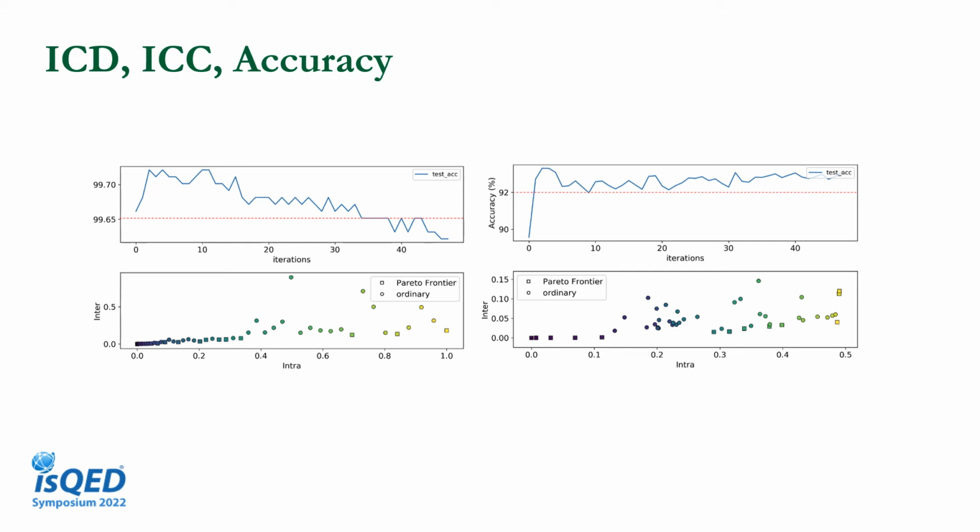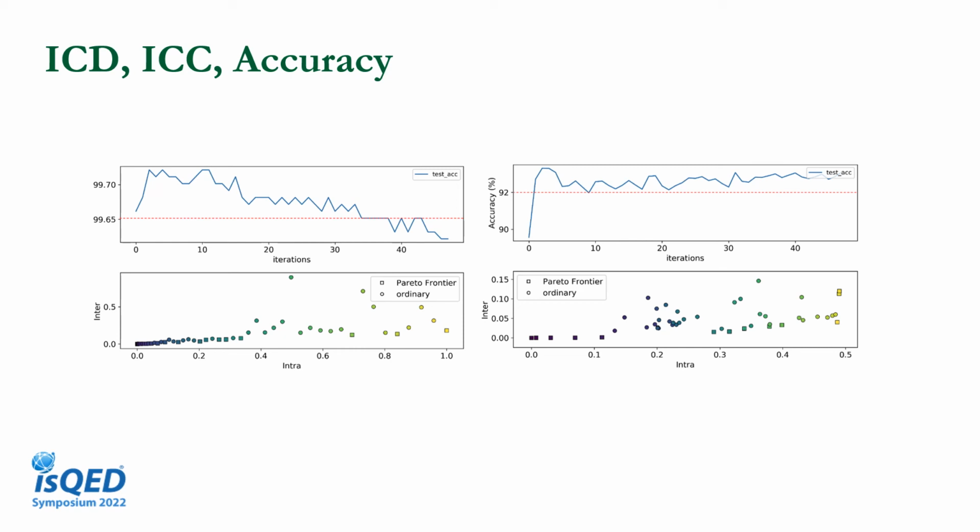And accuracy is the performance of the underlying model on the test dataset. On the left, the figures related to the MNIST dataset show accuracy starts decreasing after iteration 10. However, on the right, the figure related to the CIFAR10 dataset shows the accuracy is more stable.